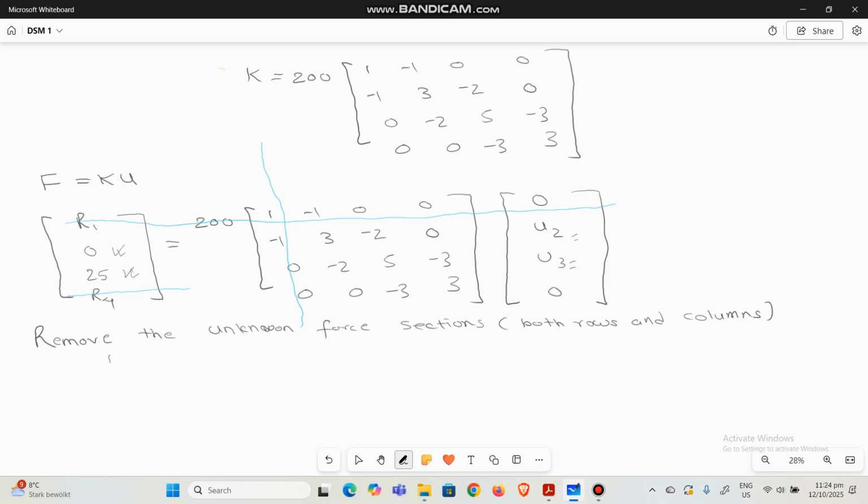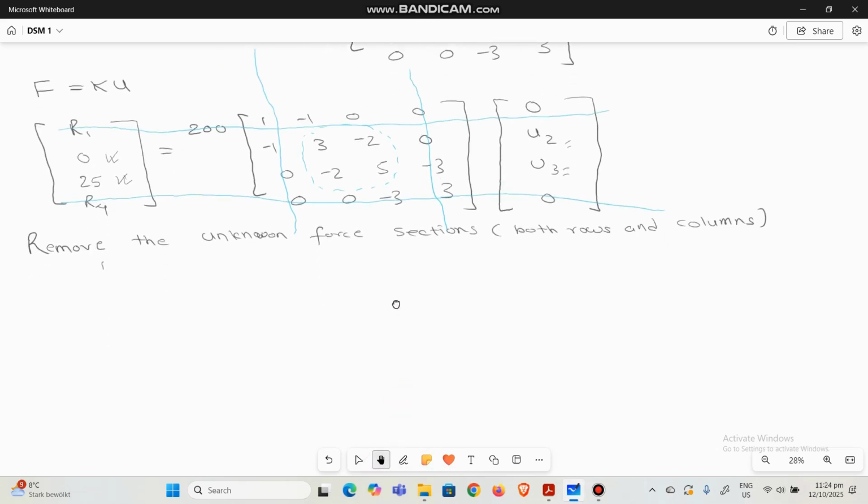So for reaction 4, also cancel this one. If you cancel the fourth row, the fourth column should also be cancelled, and then you are left with this inner section here. This is going to be solved and you are going to get nice results.